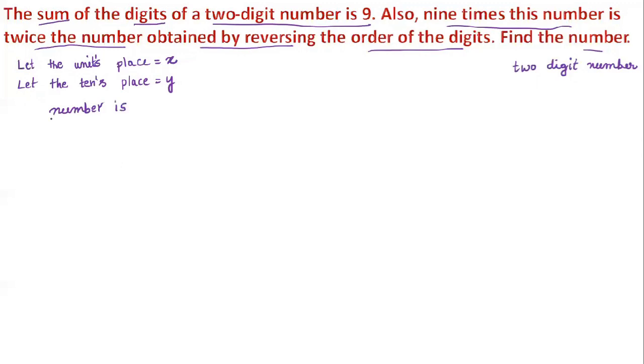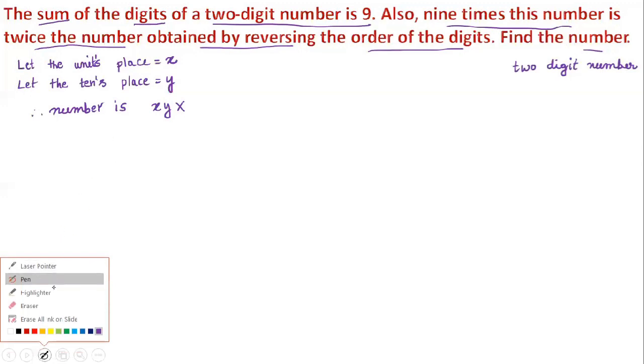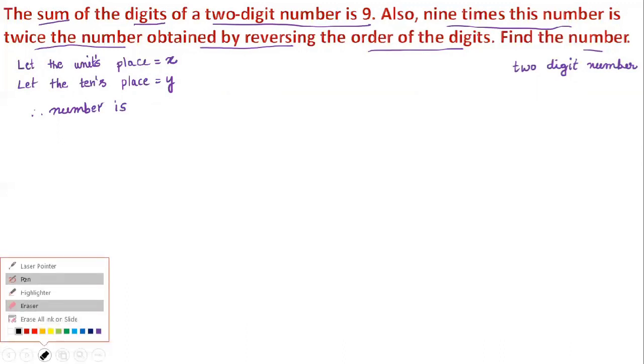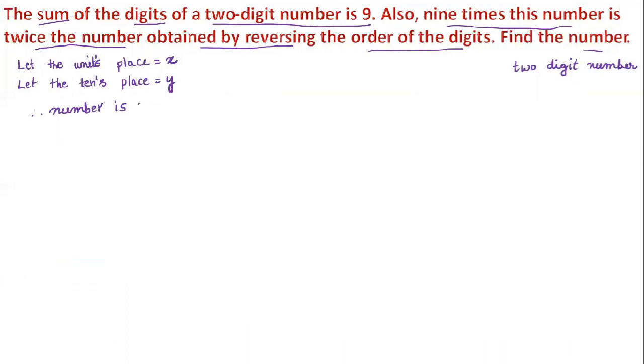So the number is, if x and y are the two digits, then how to write the number in the expanded form? You should not write as xy, it is wrong. If x and y are the two digits, then xy is not a number. If you write xy, that means it is x into y.